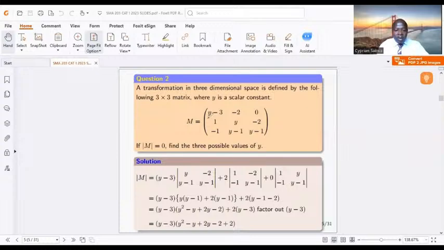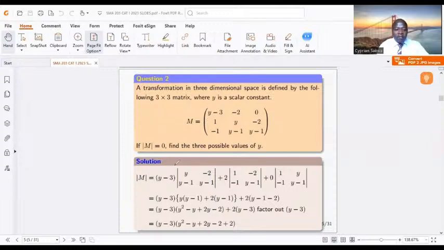So we'll expand along this row 1, because row 1 has a 0, so it becomes easier for us. It would also have been easier along this column because this column has a 0. But of course, you can do it along any row and any column and find the same result.